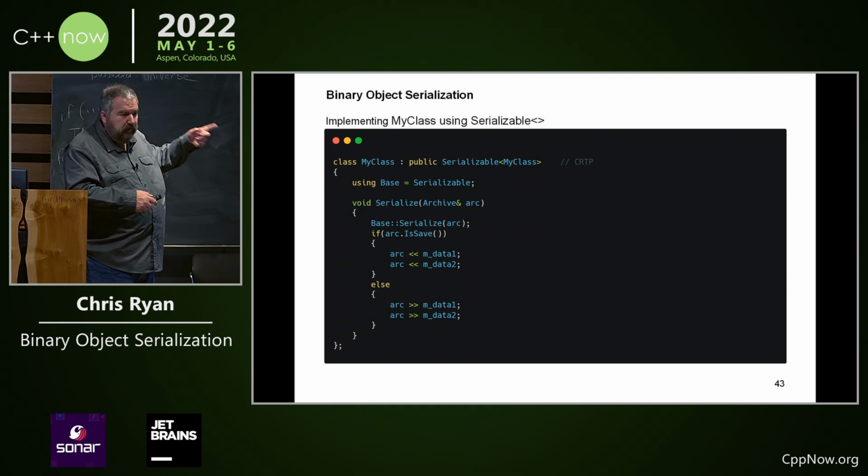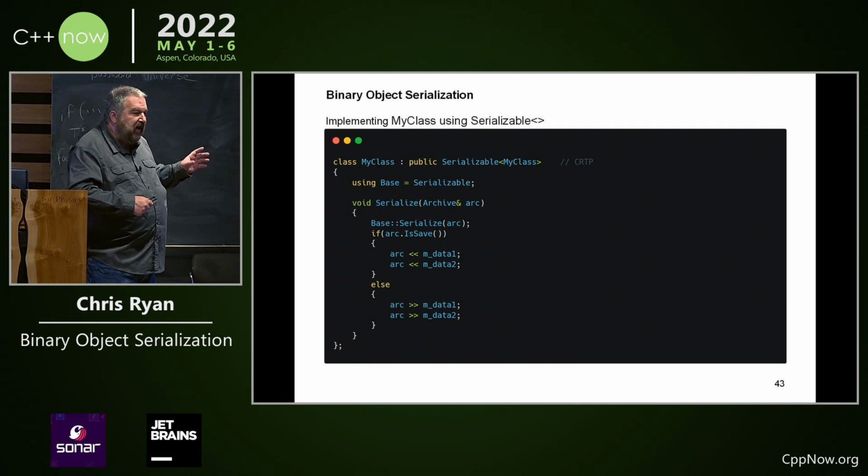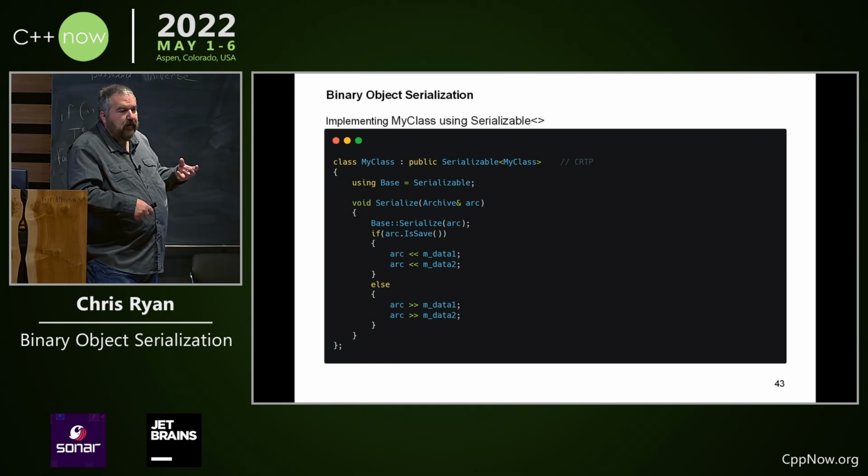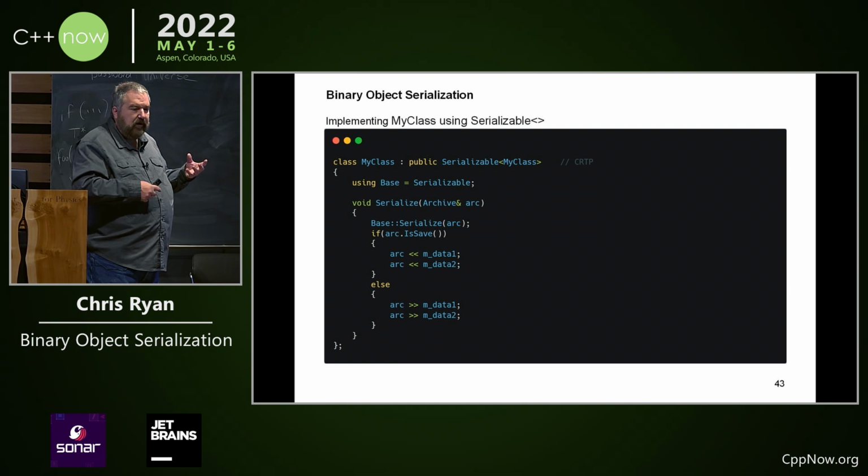Because the gotcha on serialization is that you have to read things in the same order that you wrote them out. Something that's not addressed in any of the slides, occasionally you have a member which you cannot serialize out, or it has a particularly complex state to set it up and populate it. Maybe it generates some big lookup table or connection to a database or something like that.